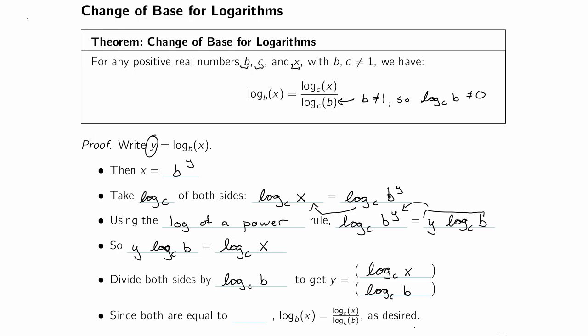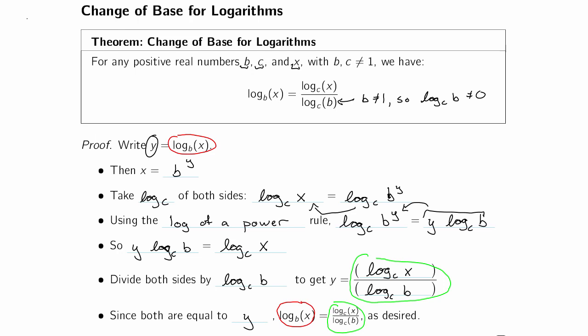Okay, but then y is equal to this expression, and y is also equal to this expression. That means that this expression and this expression have to be equal because they're both equal to y. And that gives us our change of base formula.